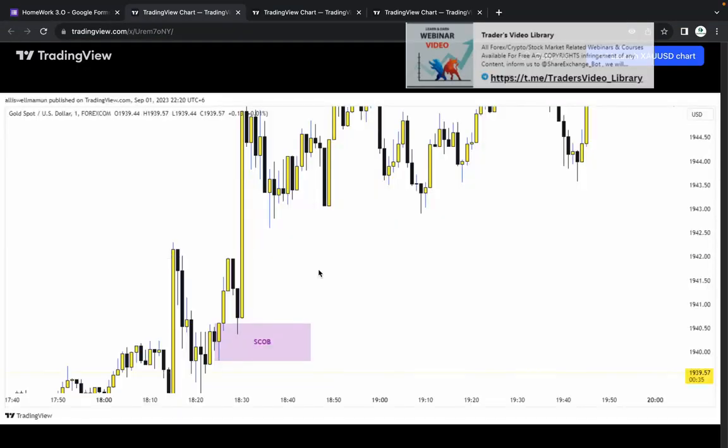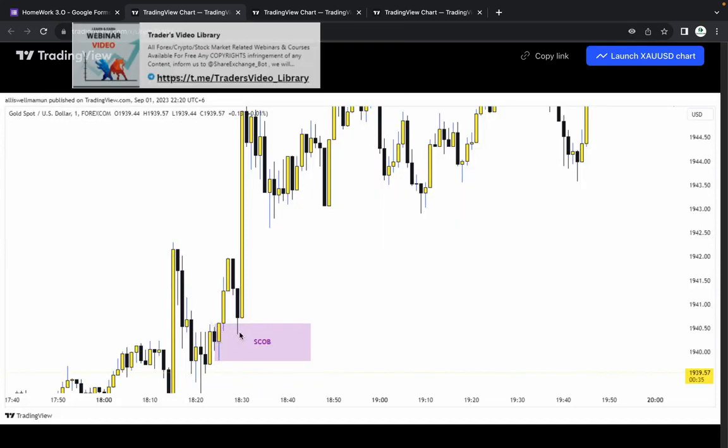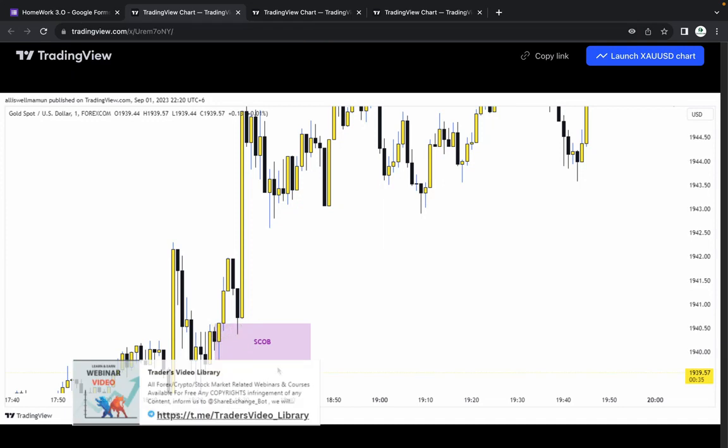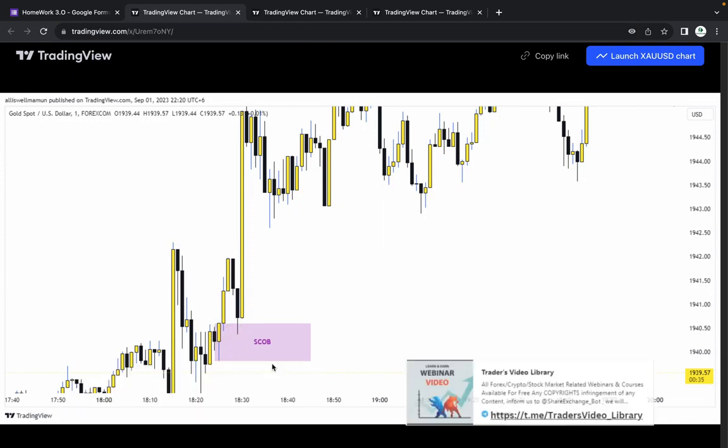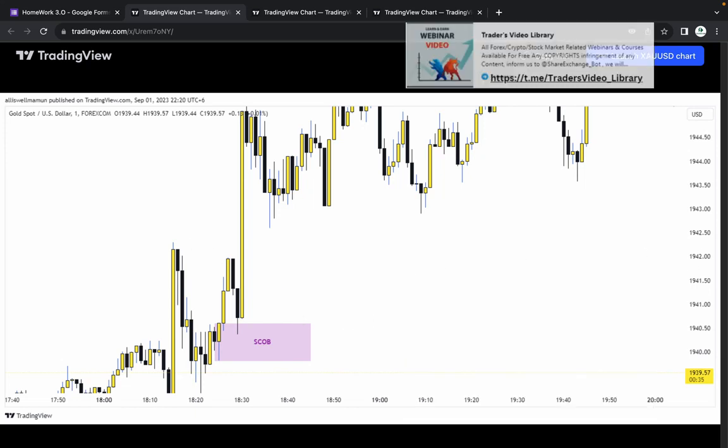This one is the same. This is the next answer by someone. Single candle order block. Okay, perfect. But you did not mention any higher time frame POI or any inducement. You just marked your order block. You can't say this is an SOB, right?